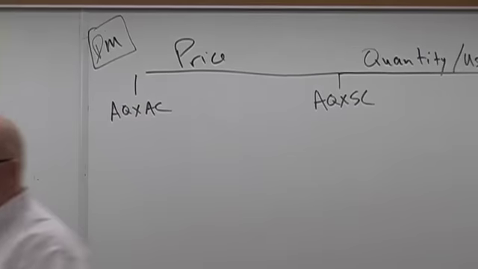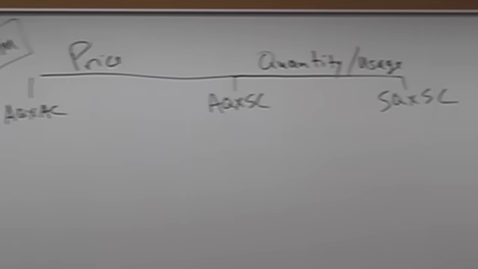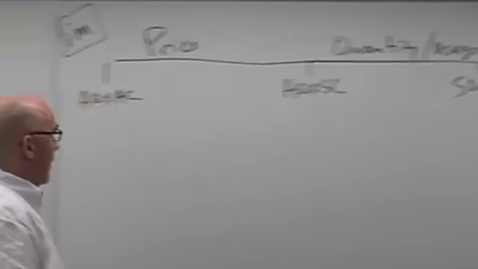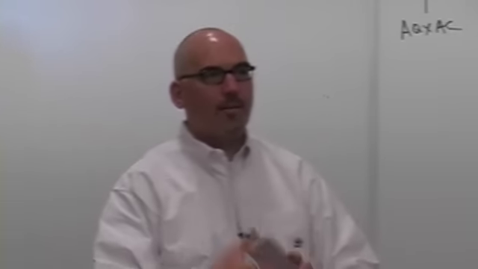Okay, underneath, I typically try to line up the multiplication sign with the tips of the staples. Do you remember what these stand for? Actual quantity times actual cost, actual quantity times standard cost, standard quantity. Very good.